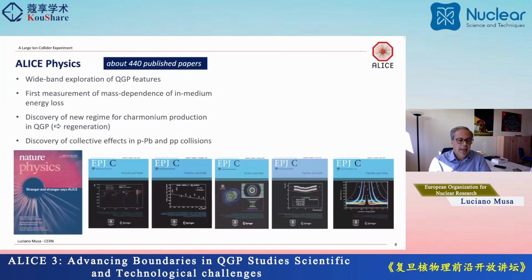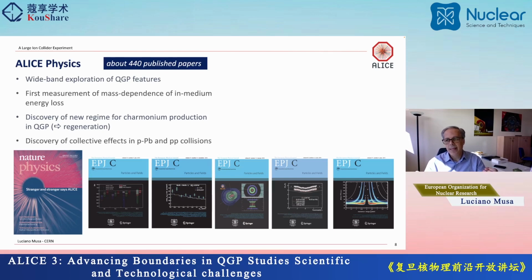Now, altogether, ALICE has published 440 papers, which present a quite wideband exploration of the QGP features, including, for instance, the first measurement of the mass dependence of in-medium energy loss, and the discovery of a new regime for charmonium production.